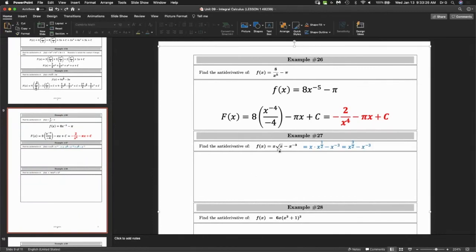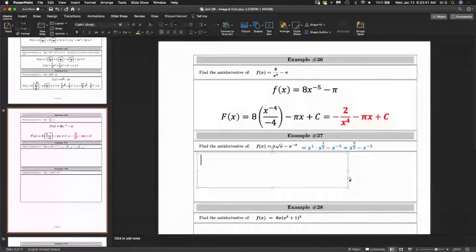So you see that? I just rewrote the root as x to the half, and then I added exponents. So if you want here, that's x to the 1, so it's 1 plus a half. So finding the antiderivative now is much similar to the previous ones.